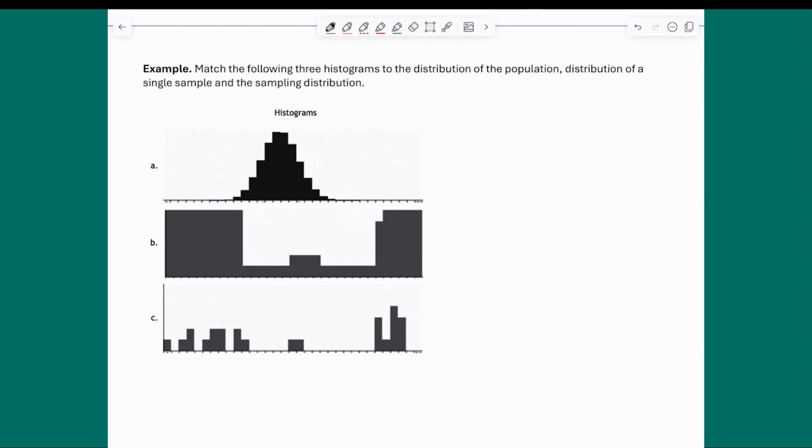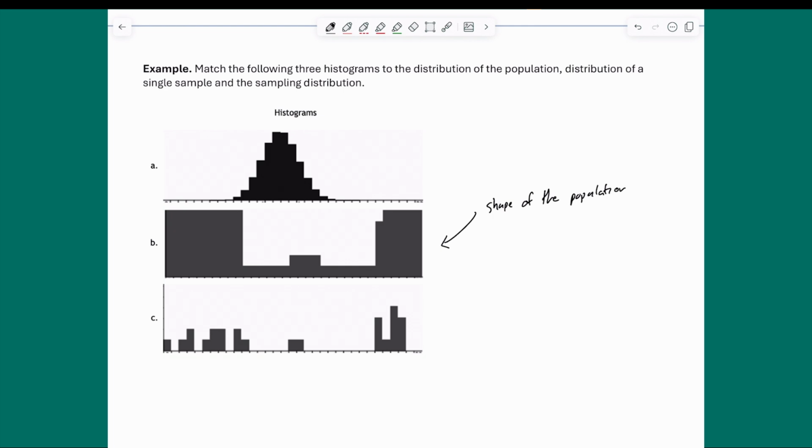Okay, so once again, by the central limit theorem, we have some population, and this appears to be the shape of the population.